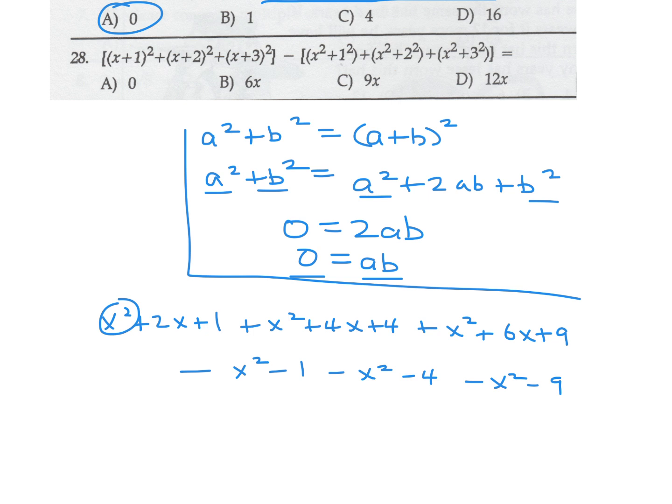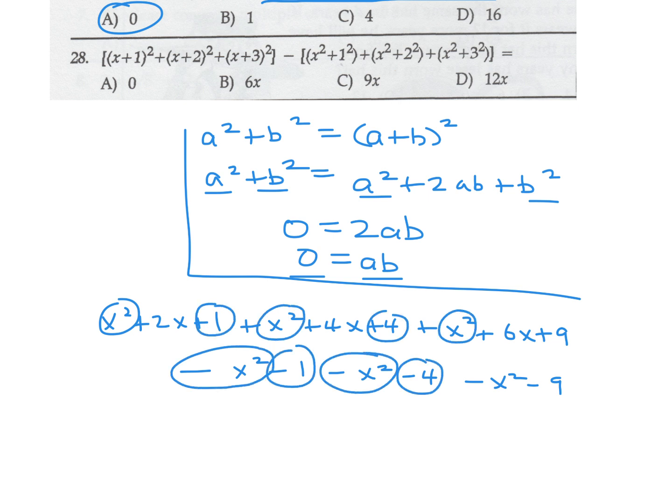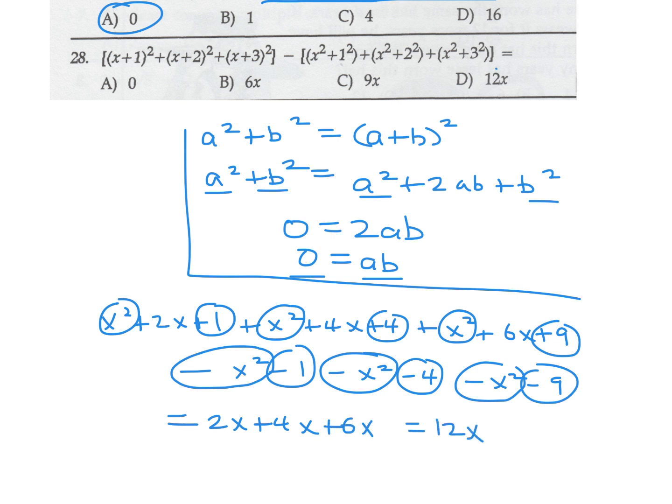So this goes with that, that with that, and this with that. The only thing we're left with is 2x plus 4x plus 6x, and that is 12x. And therefore, number 28 is D.